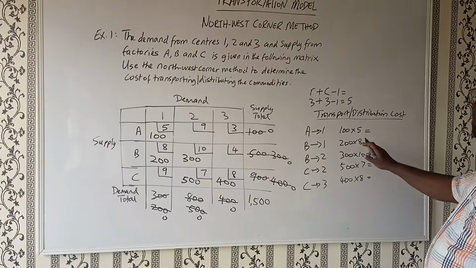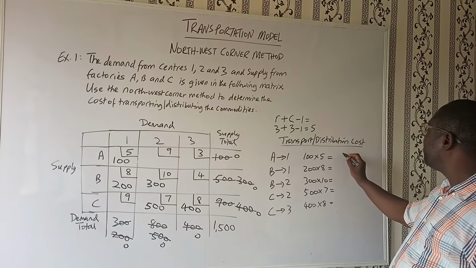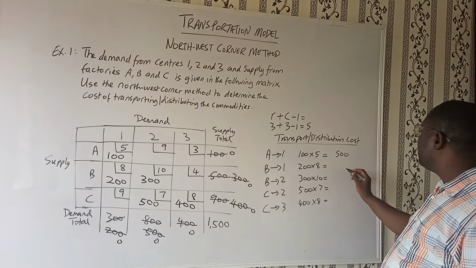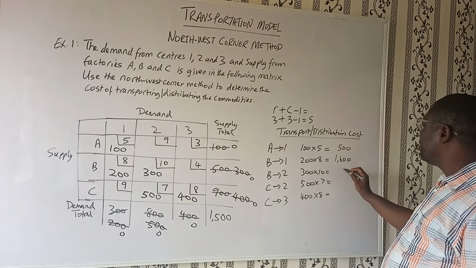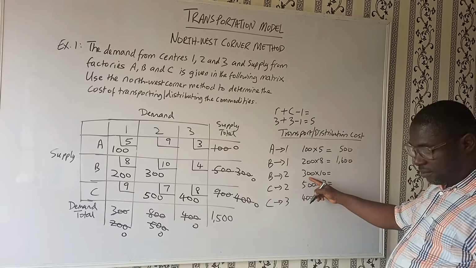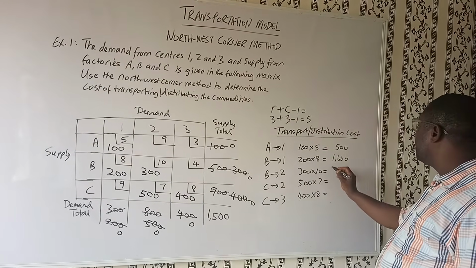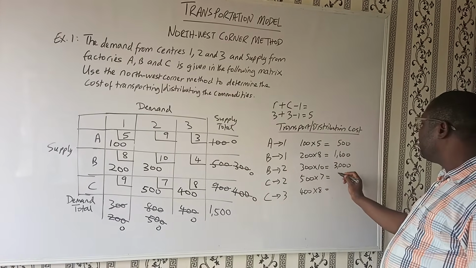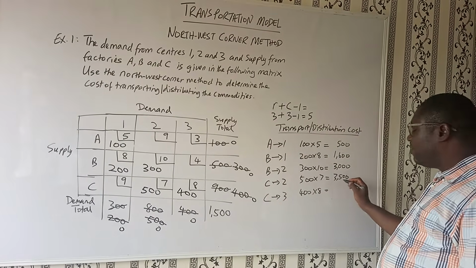So let's find the answers. 100 times 5 is 500 naira. 200 times 8 gives us 1,600. 300 times 10 gives us 3,000. 500 times 7 gives us 3,500.